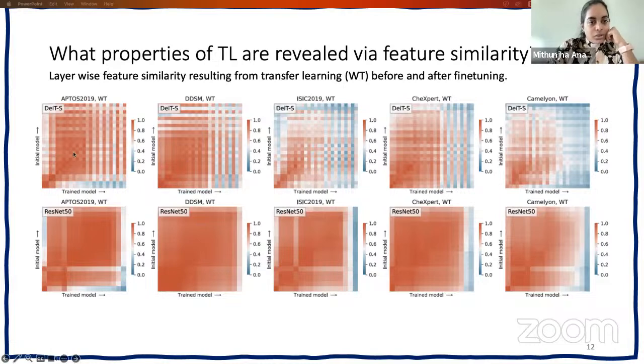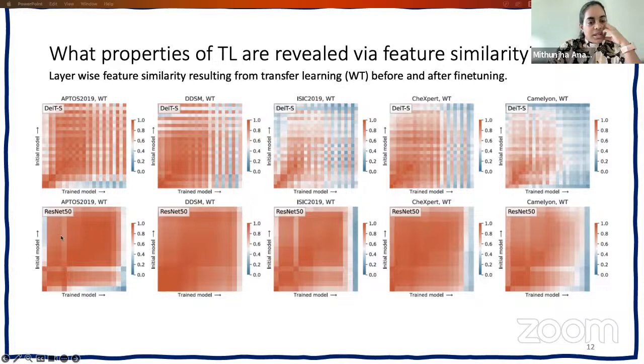With the DIT model, what we can see is there is maximum feature reuse in the early layers, but in the later layers, the feature reuse is reducing. This is in alignment with the previous observation: the early layers benefit most from the transfer learning. In the early layers the feature similarity is high, and in the later layers it's reducing.